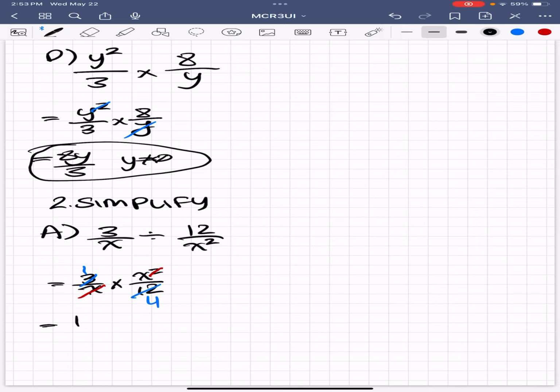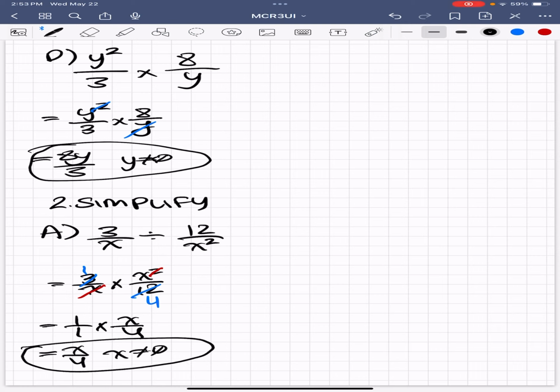And what are we left with? x over 4, and the restriction is x cannot equal 0. Because x was on the bottom, they were both on the bottom, and x cannot equal 0 if it's just x by itself.